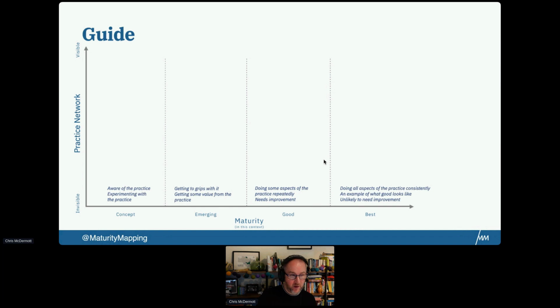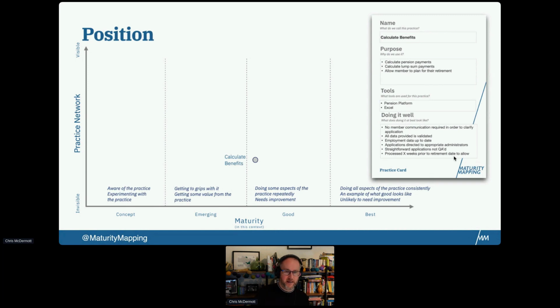But what we've done with our kind of pseudo lightweight cheat sheet is we've described the various stages we see practice go through, from awareness to getting to grips with, to doing some aspects repeatedly, to doing all aspects consistently, and the various levels of improvement we believe is needed at each of these stages.